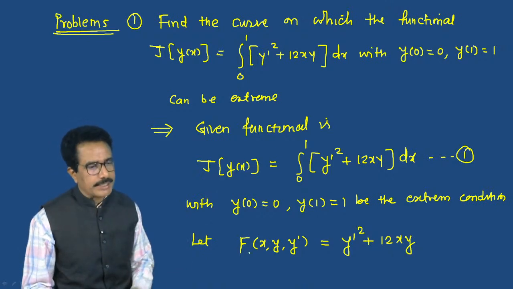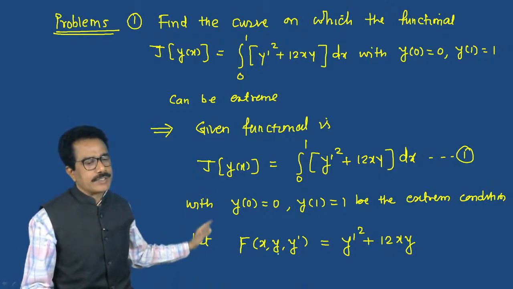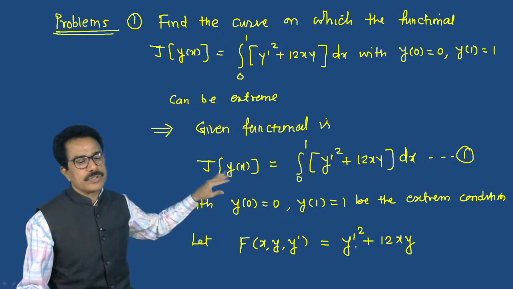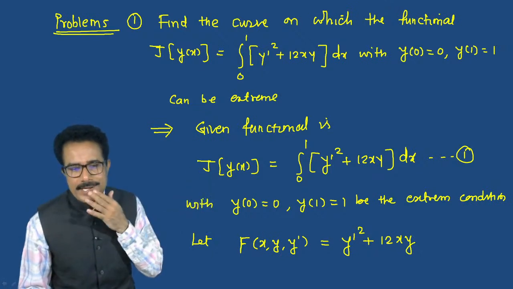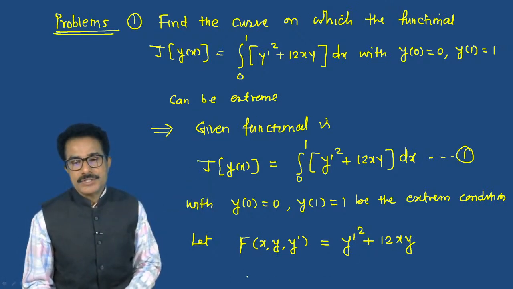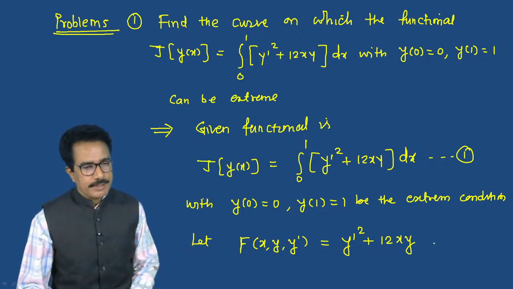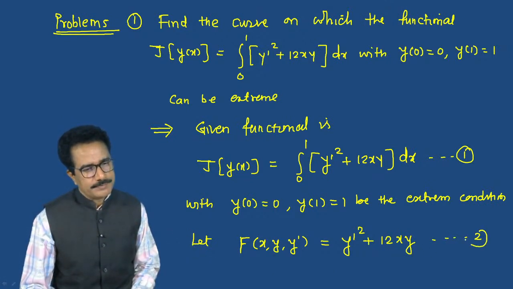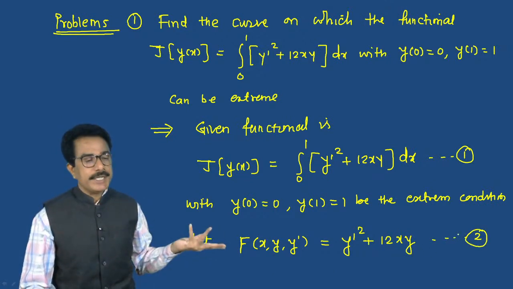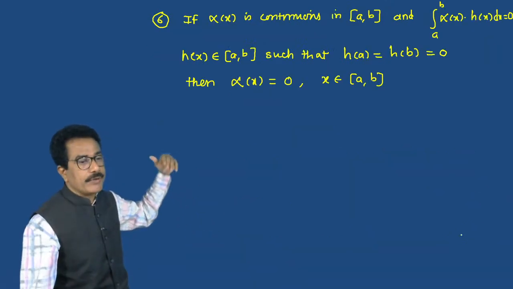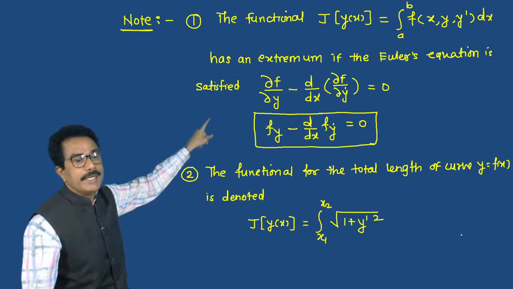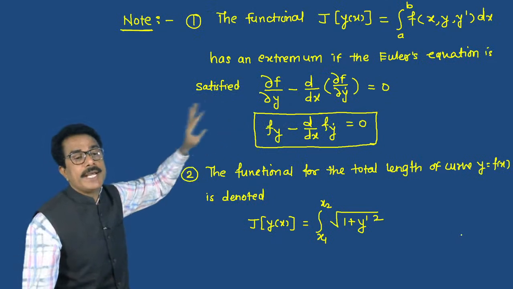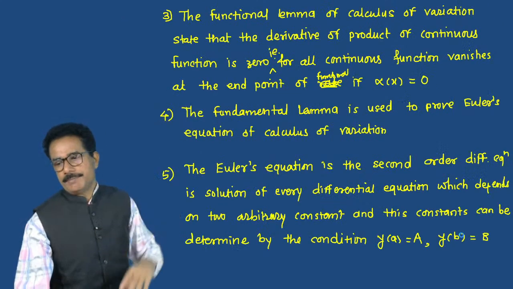We have considered this as the functional: f of x comma y comma y dash equals y dash square plus 12xy. Suppose this is equation 2. Now differentiating partially with respect to y, because we require f suffix y and f suffix y dash, then we can use the Euler's equation.